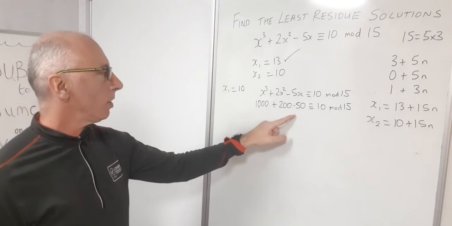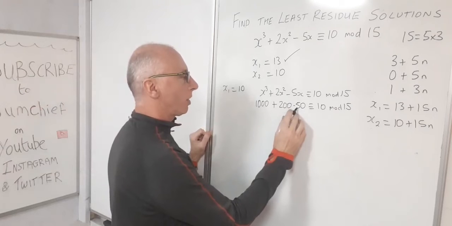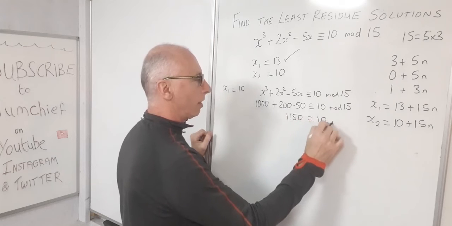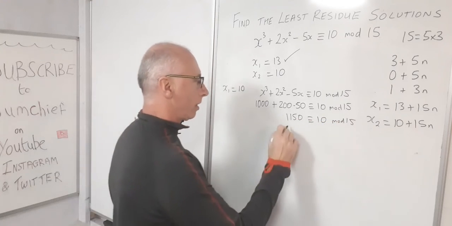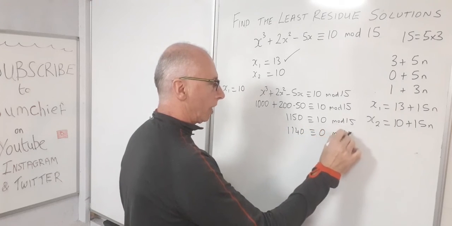Let's do a test on this. 1000 plus 200 is 1200, minus 50, that's 1150. That's congruent to 10 mod 15. Subtract 10 on both sides. 1140 is congruent to 0 mod 15.